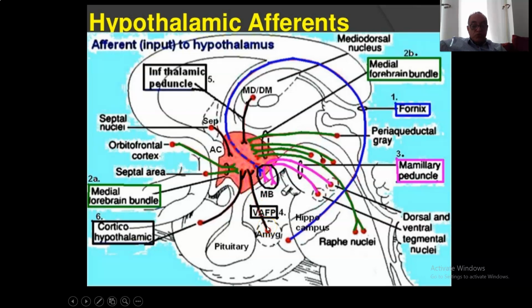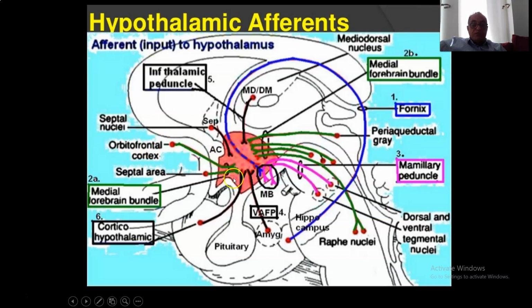So you don't have to retain by heart. You know that the amygdala sends to the hypothalamus, so one afferent. You know that the fornix ends in the mammillary, which is a part of the hypothalamus, two afferents. You know that the medial forebrain bundle connects the cortex by fibers going and coming from the orbitofrontal cortex. This is the third afferent.